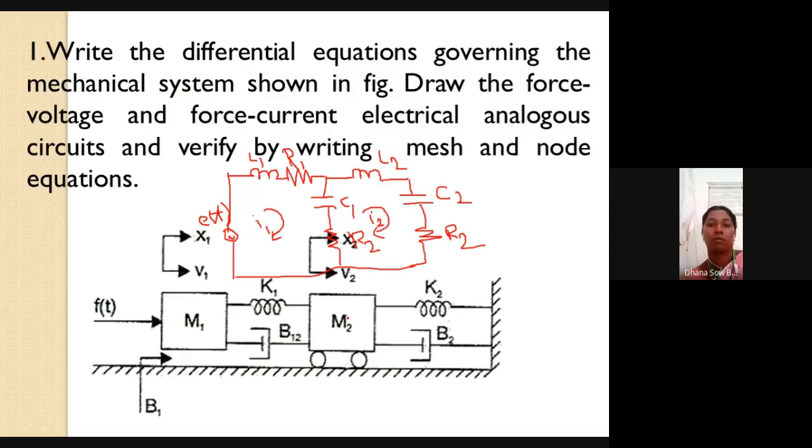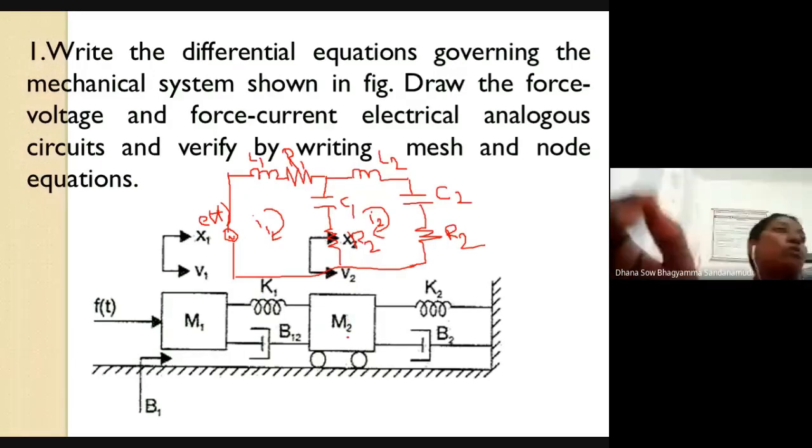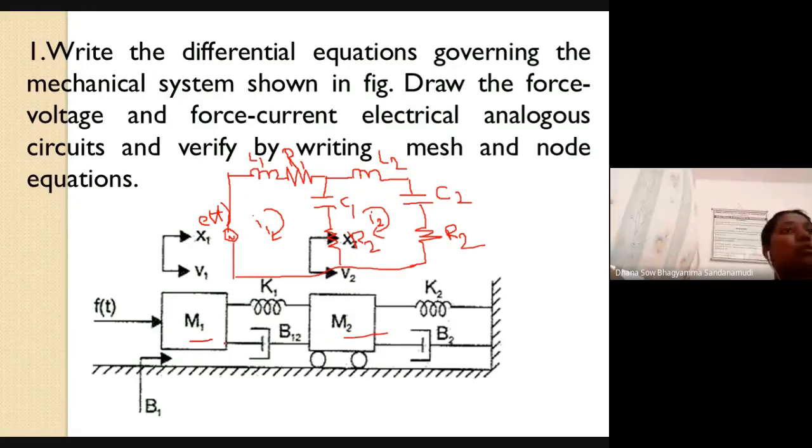If you observe, in between these two nodes M1 and M2, K1 and B12 are there. So in between these two loops C1 and R2 will be there.